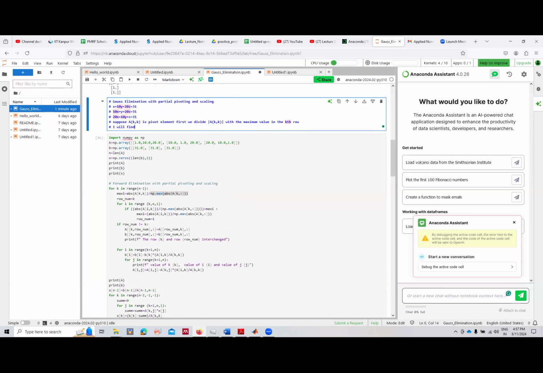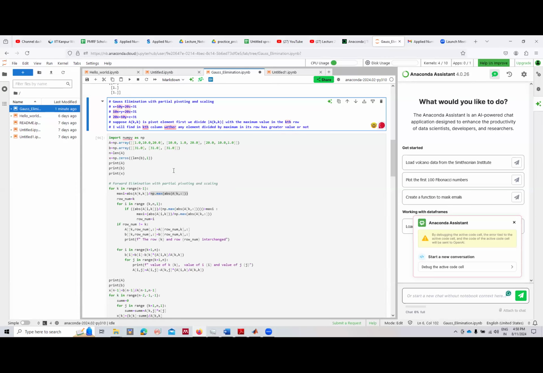After that, I will find in the kth column whether any element divided by the maximum in its row has greater value or not.